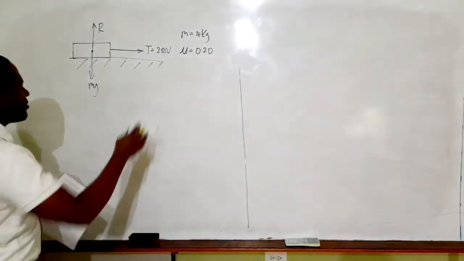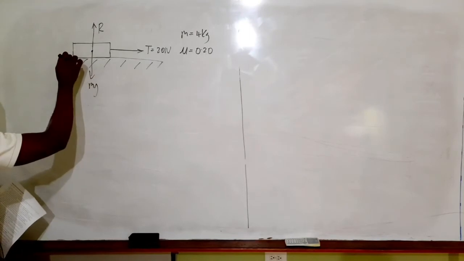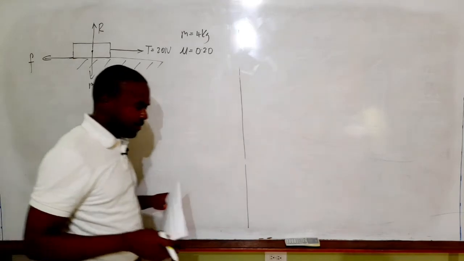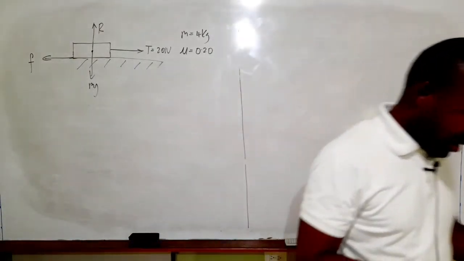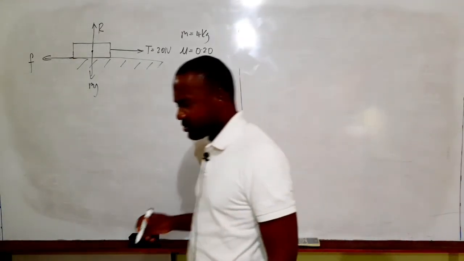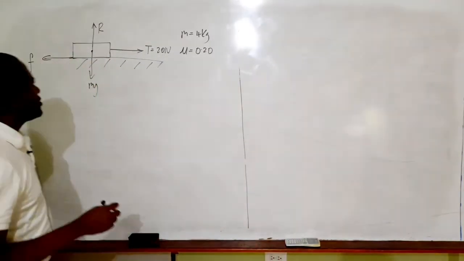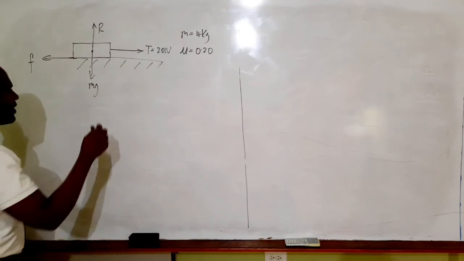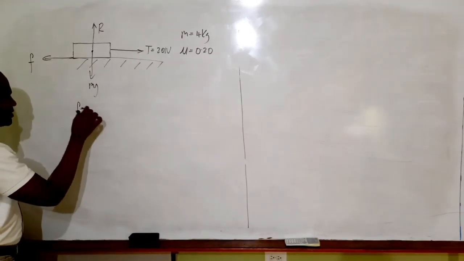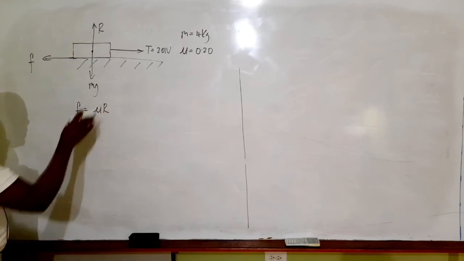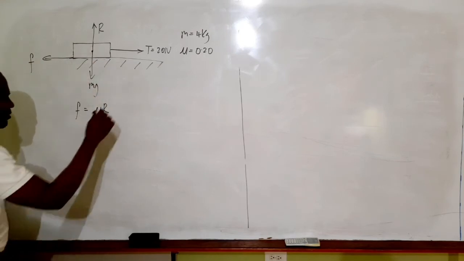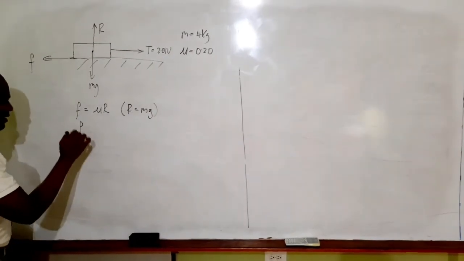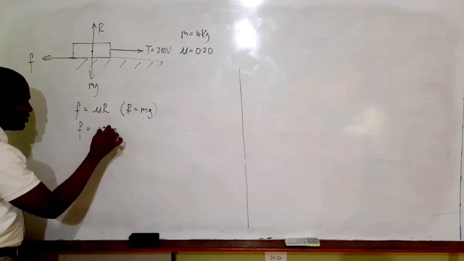Now, because there's a coefficient of friction, it also means that there will be a frictional force opposing the body's motion, and we must therefore work out that frictional force. The relationship between the coefficient of friction and the frictional force is that F is equal to mu R, where the normal reaction R is equal to mg, and so F is equal to mu mg.